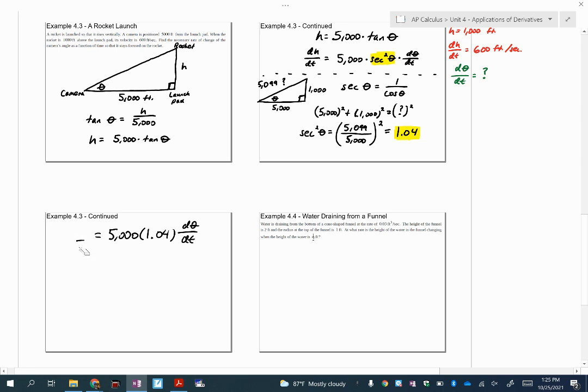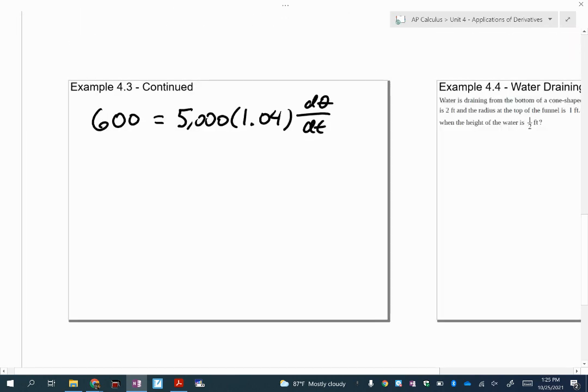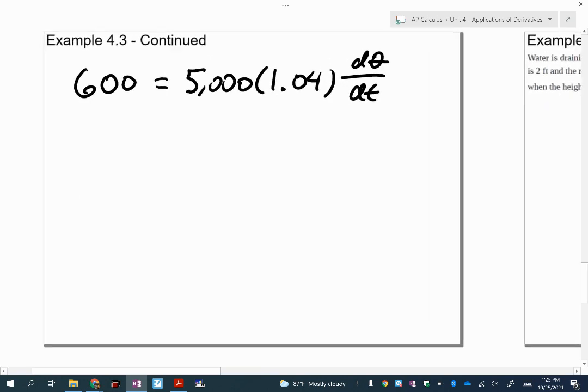And I'm going to plug in my dh over dt now that I'm ready to solve, which is 600. So essentially I just copied down the formula from before, plugged in the stuff that I know, and using Desmos I can solve for d theta over dt. So 5,000 times 1.04, and do 600 divided by that.